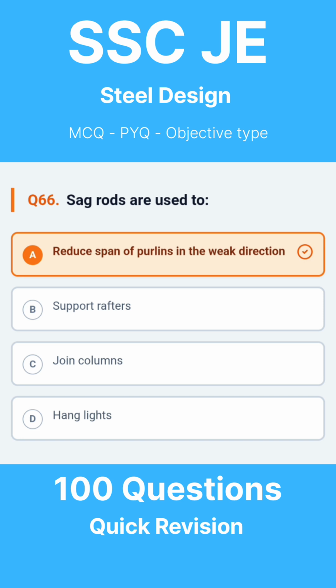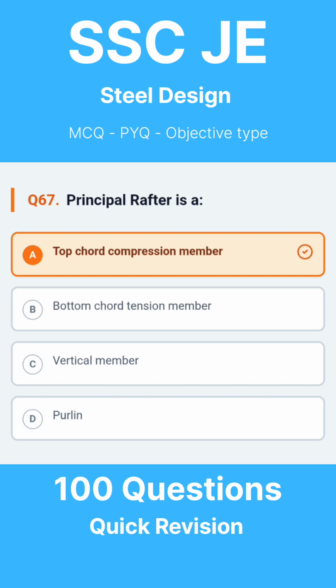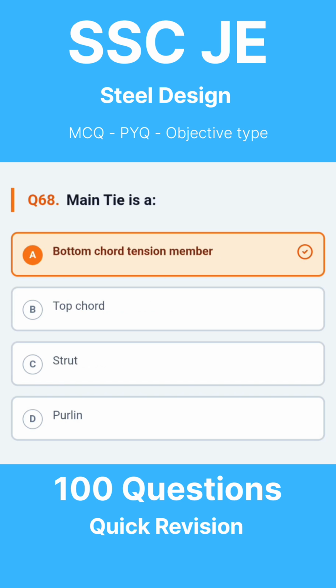The correct answer is reduce span of purlins in the weak direction. Question 67. Principal rafter is a. The correct answer is top chord compression member. Question 68. Main tie is a. The correct answer is bottom chord tension member.